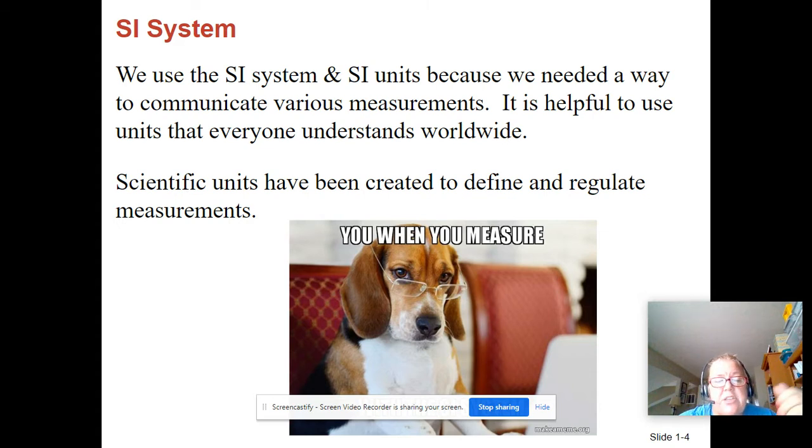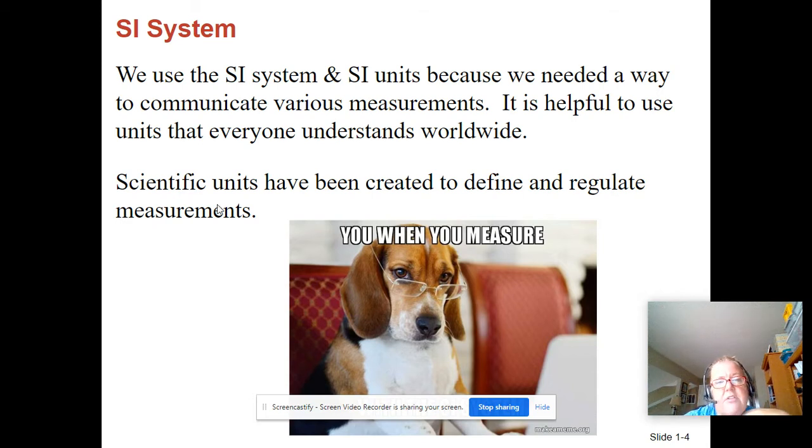Or if you say 10 inches, or 10 miles. So we need to make sure that we know what unit we're talking about when we're explaining something. When we use metric units, we need to be able to explain what we are discussing.